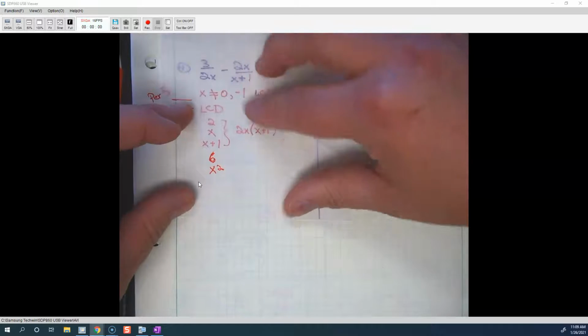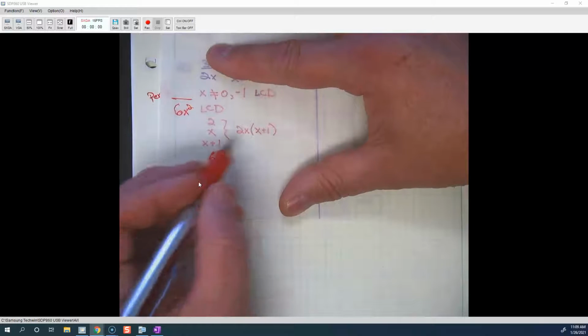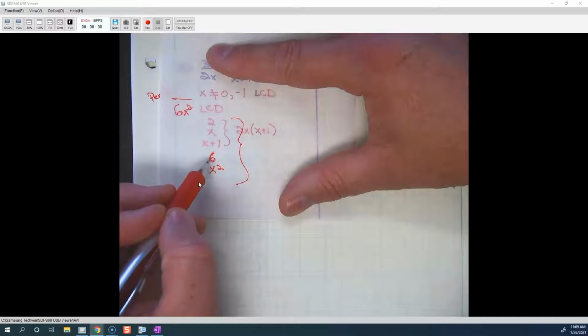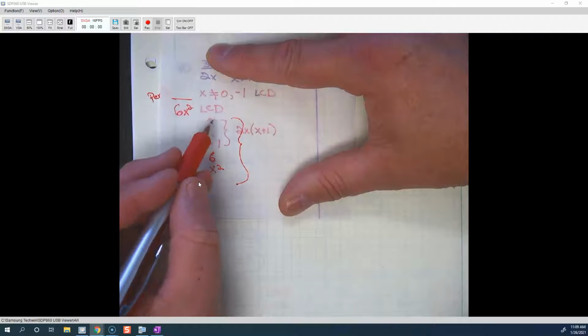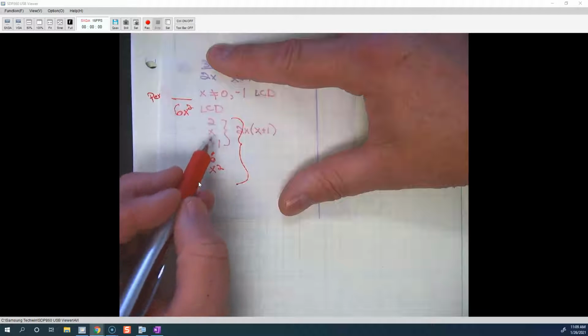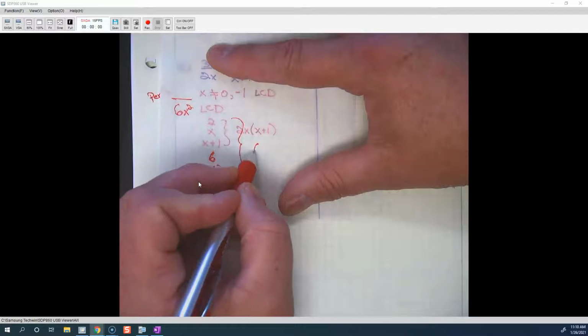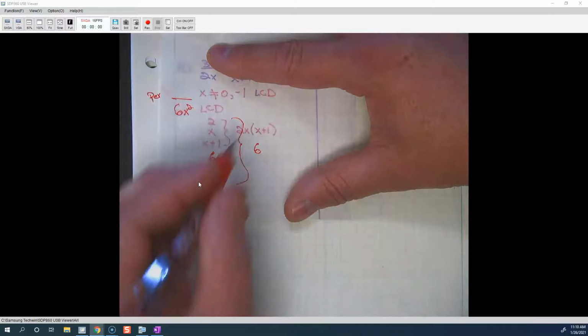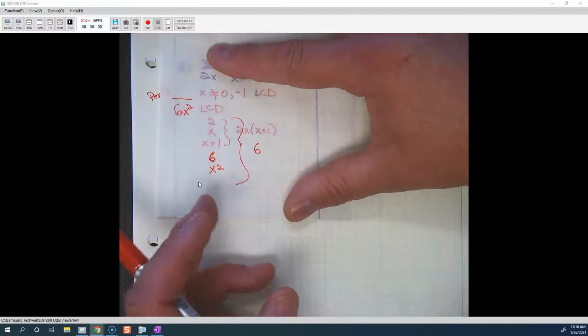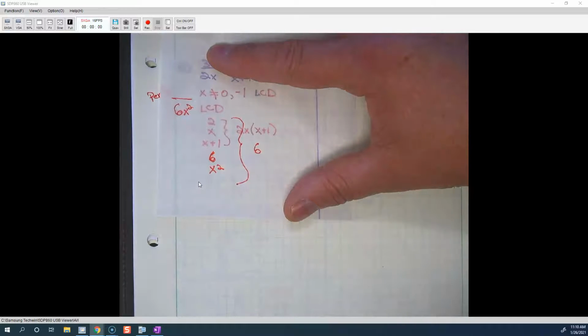Now to get the LCD, the 2 and the 6 are both numbers, so I'm thinking, what's the least common multiple between 2 and 6? If I look at my multiples of 2: 2, 4, 6, and multiples of 6: 6, 12, 18, 6 is the smallest number that's in both lists.